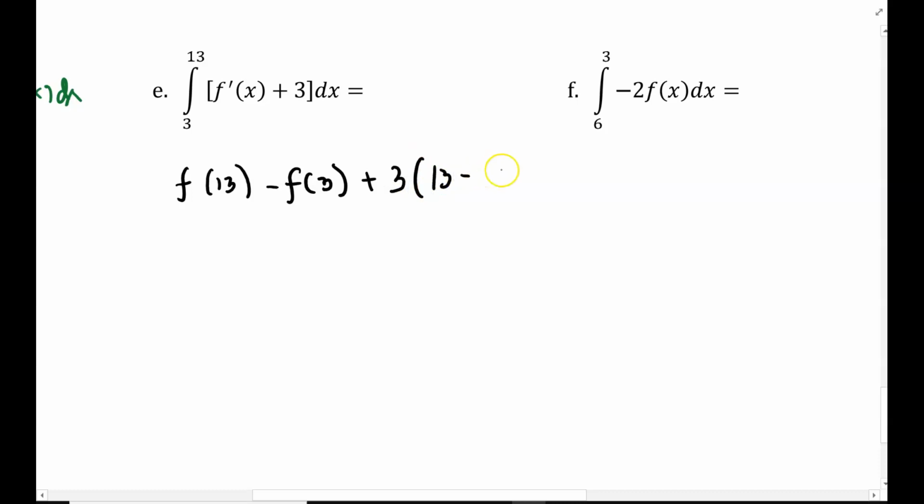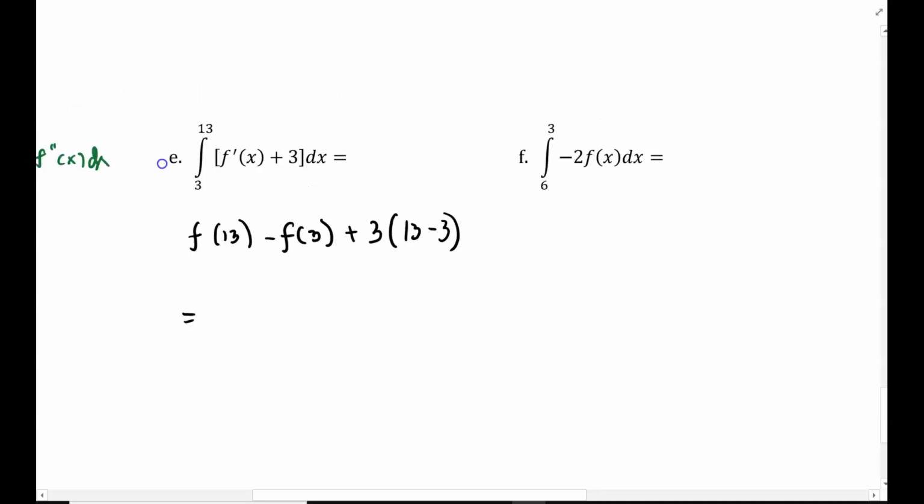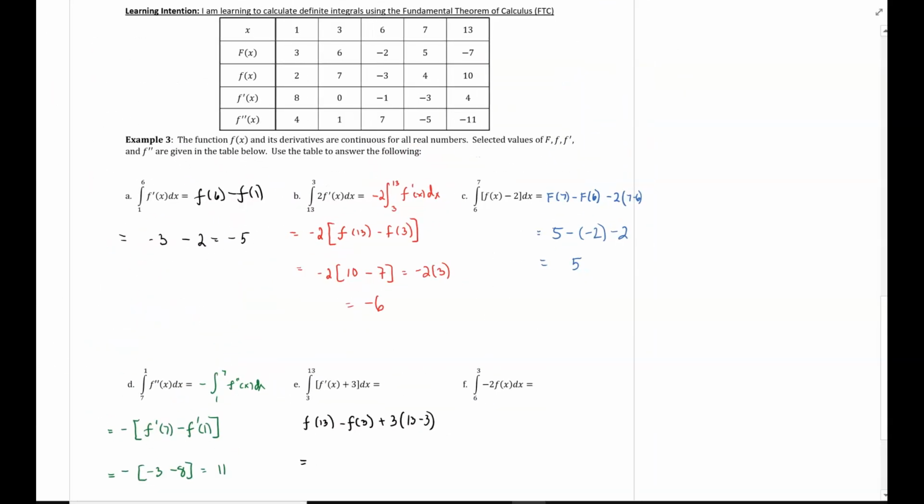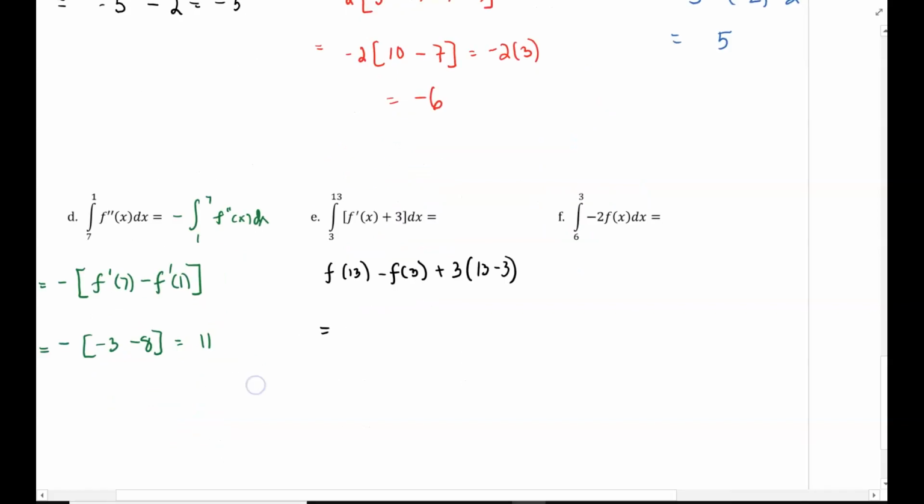That would be times 10. So we get f of 13, looking at our table of values, is 10, minus f of 3, which is 7. So 10 minus 7 plus 3 times 10 is 30. We get 33.